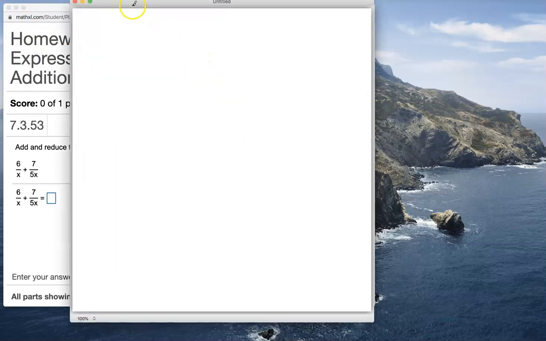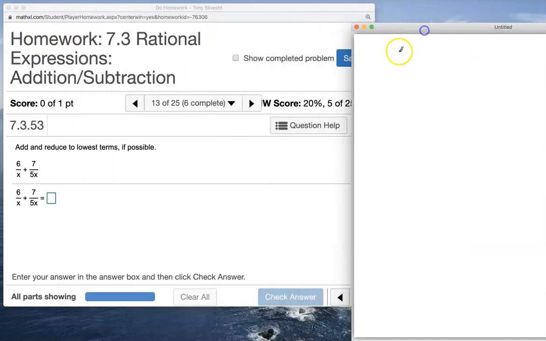Okay, so what do we do here? Well, the first thing you're going to do is copy the problem. Plus 7 over 5x. Okay? All right, now we've got the tools to do this problem. We can't add those. They're not the same denominator.